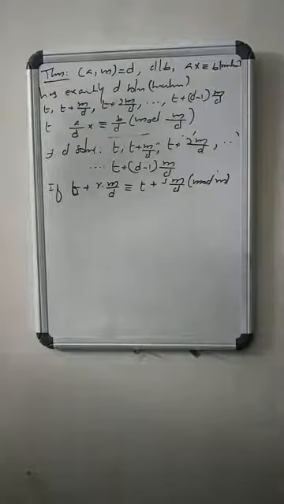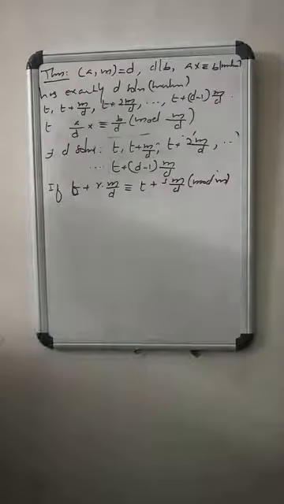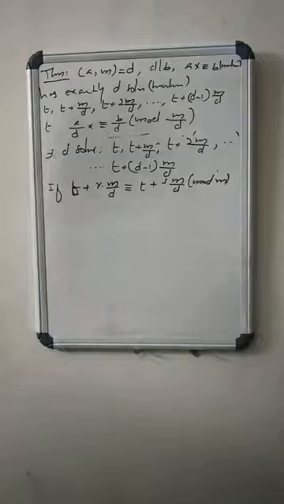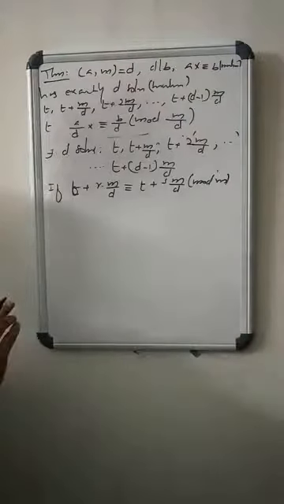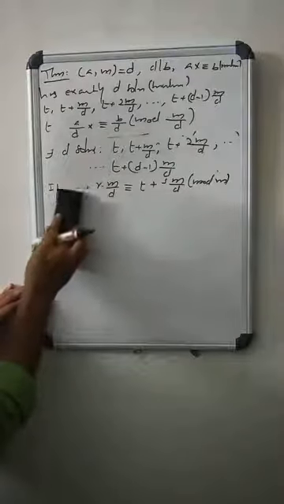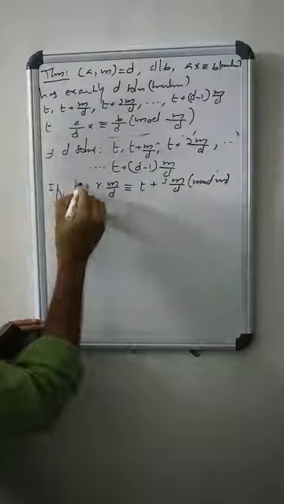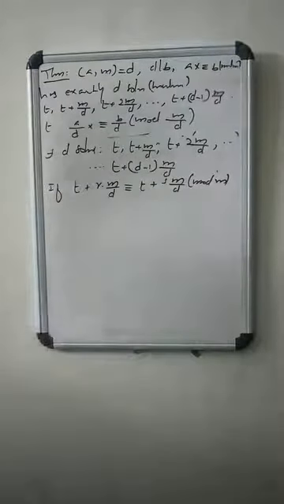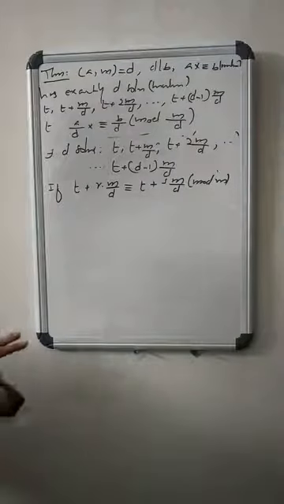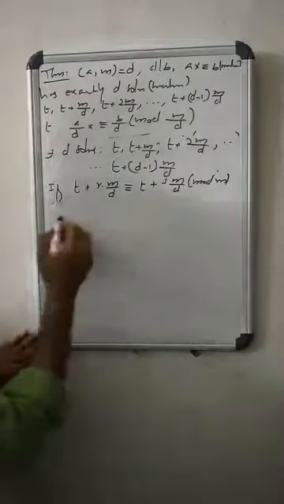Now we have to show that no two of these solutions are congruent mod m, that is, any two of these solutions are incongruent mod m. That is, if possible, t plus r m by d is congruent to t plus s m by d mod m.